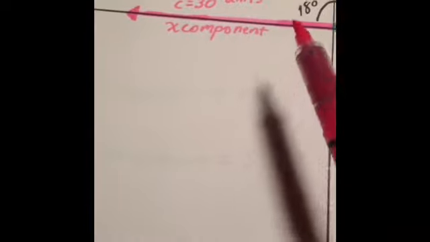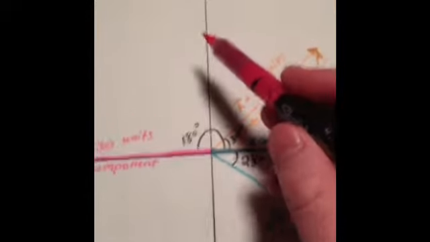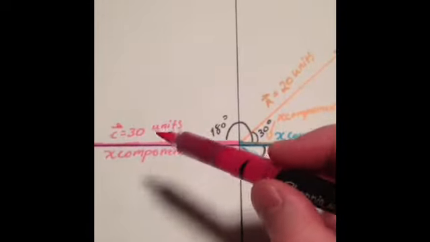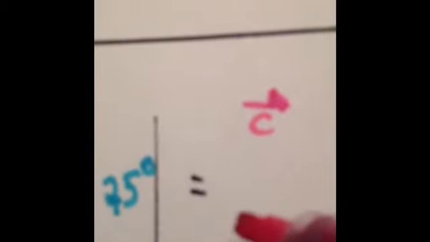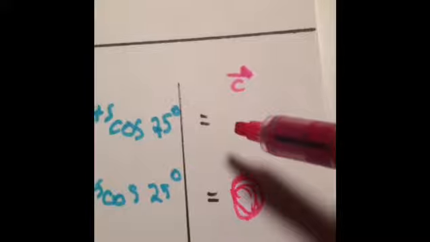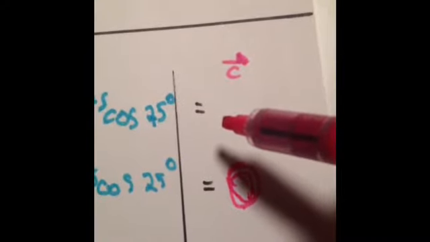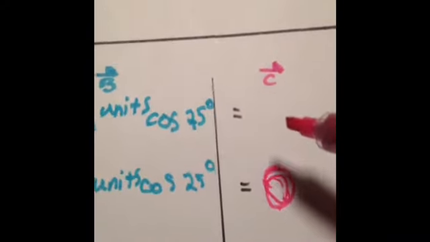It's hard to write at the edge of the paper, but as you go to component x, it's 30 units. But since it's on the left side of the y-axis, it's a negative 30 units, because this is components now. It's no longer just the vector. Since it's its only component, it's the full length of the vector, but now you get to make it negative.